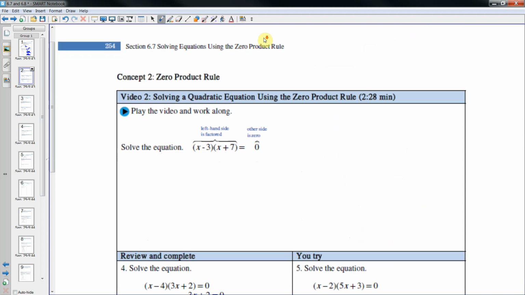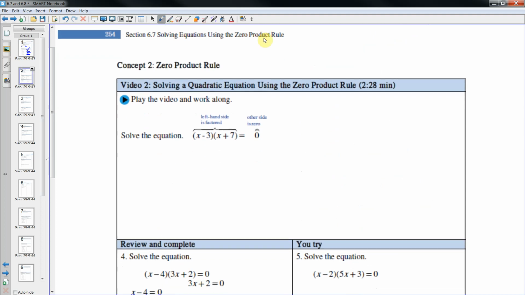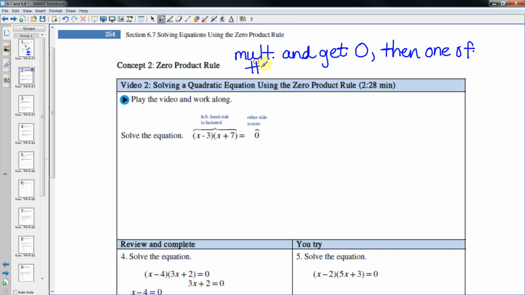Now, solving a quadratic equation, we have to use what's called the zero product rule. And what the zero product rule says is that if you multiply and get 0, then one of the factors has to equal 0.